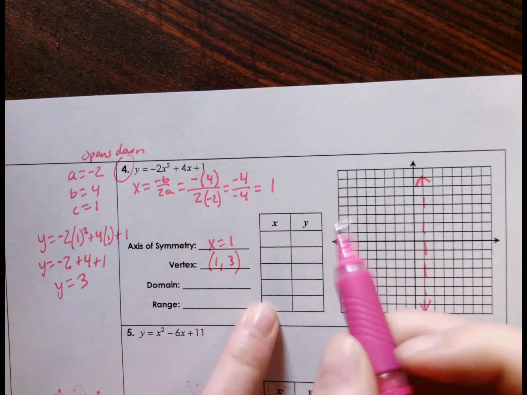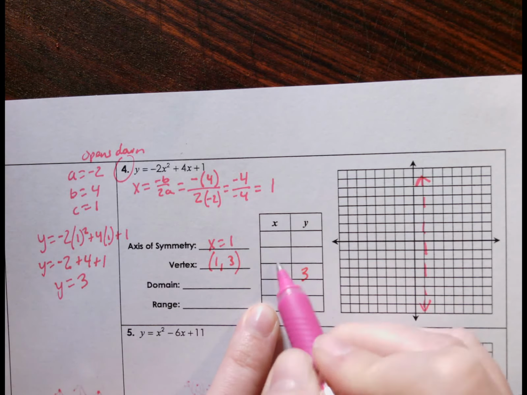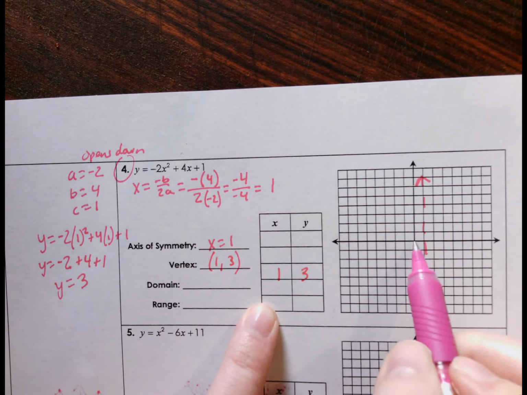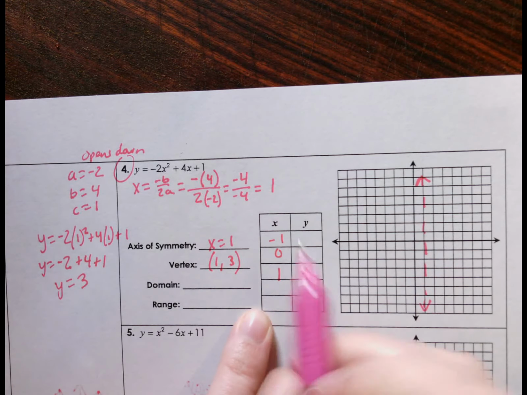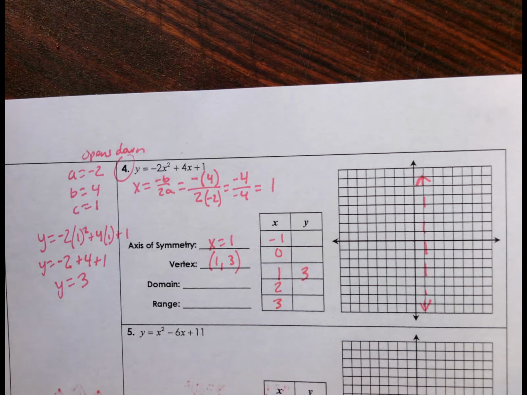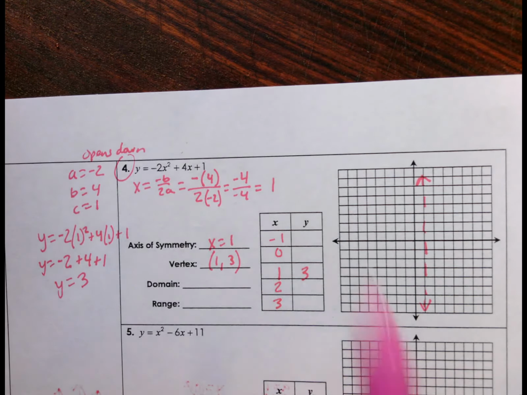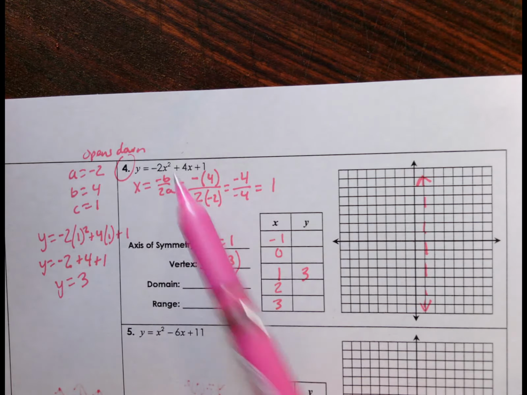Then we're going to plug that into our table. We're going to go 2 places to the left, so 0 and negative 1 seem like a good place to go, and 2 to the right, 2 and 3 seem like a good place to go. To find those values, remember, I do not have to use my calculator. I can plug any of these x values into the equation to find the corresponding y value.